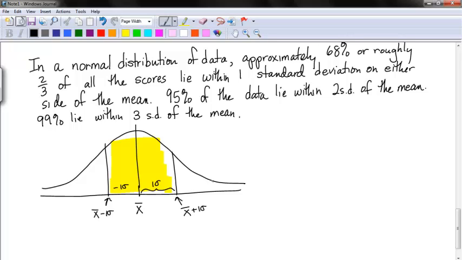If I went out from the mean another standard deviation, then this one would be the arithmetic mean plus 2 sigma, and this would be the arithmetic mean minus 2 sigma. And if you did that, then within this whole thing here, 95% of the data would be in there. Then the other one would be 3, and 99% of the data would be in there.